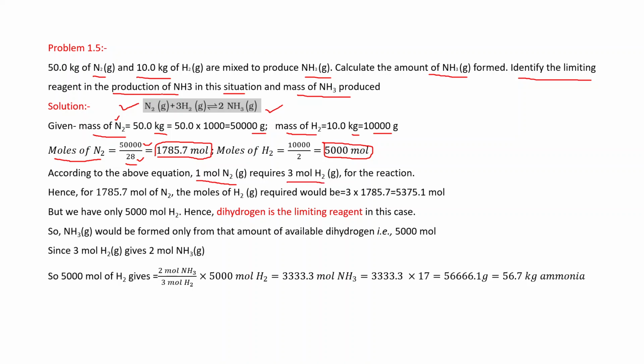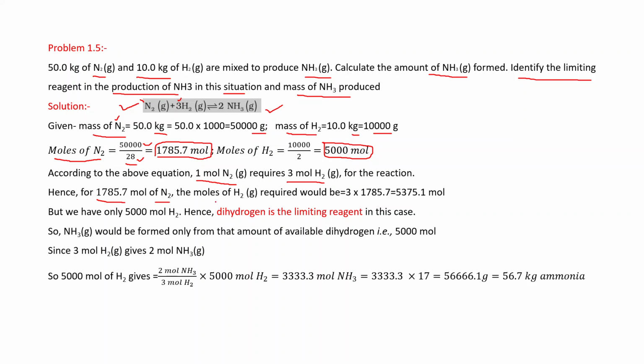Now, according to this balanced chemical equation, 1 mole of N2 requires 3 mole of H2 for the reaction. That is, the stoichiometric coefficient of nitrogen is 1 and for hydrogen is 3, a 1:3 ratio. Now, for 1785.7 mole of nitrogen, how many moles of hydrogen are required? It's 3 times.